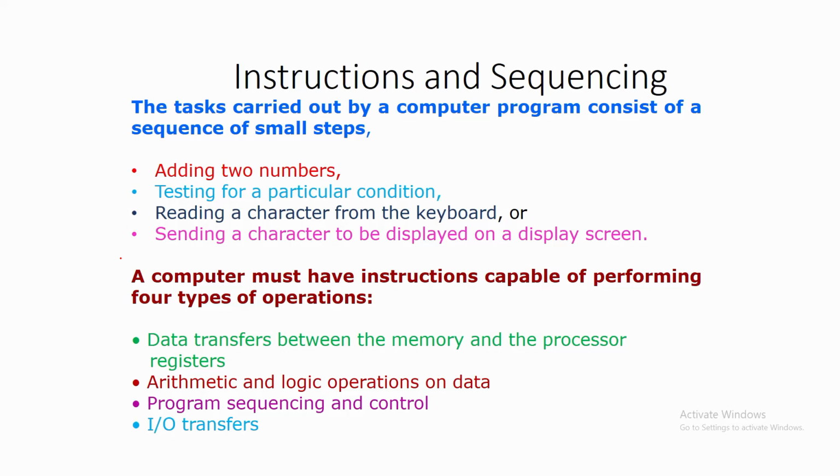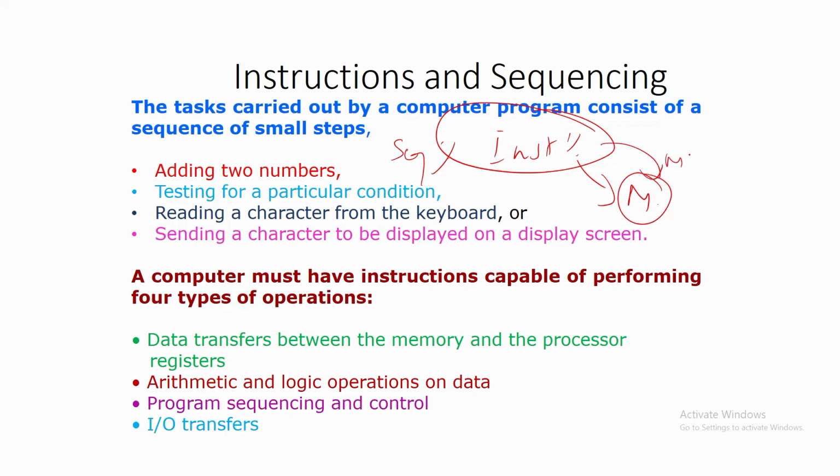Instruction sequencing. With respect to our normal computer system, whenever we execute a program in our machine, a sequence of instructions is required, and that instruction will interact with the machine. This instruction is in the machine's understanding language, that is, machine instruction.